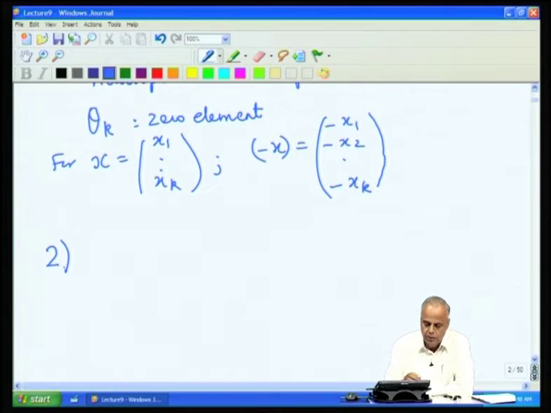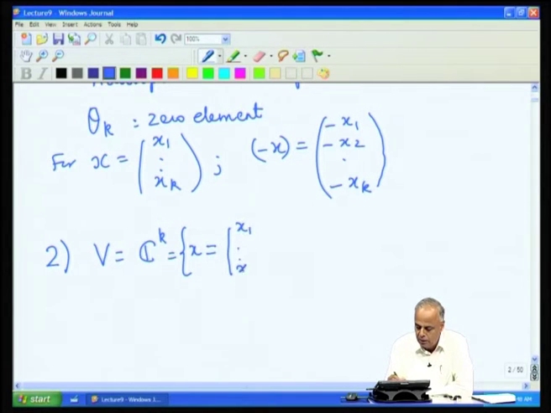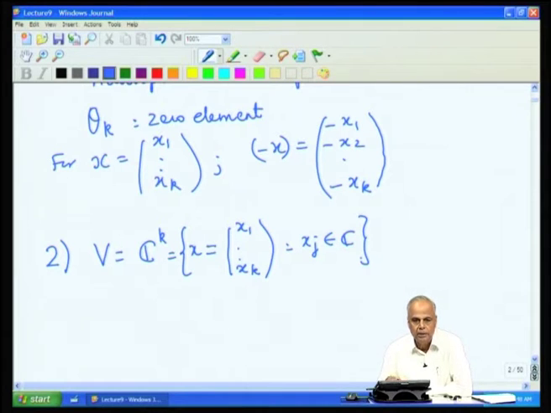The second example is where we replace the real numbers by the complex numbers. So, the real field is replaced by the complex field. We take V to be C k, which is the set of all the column matrices x1, x2, xk, where x j are complex numbers. Again addition is entry wise, scalar multiplication is entry wise. We will call this entry wise addition and entry wise scalar multiplication the usual addition and scalar multiplication.